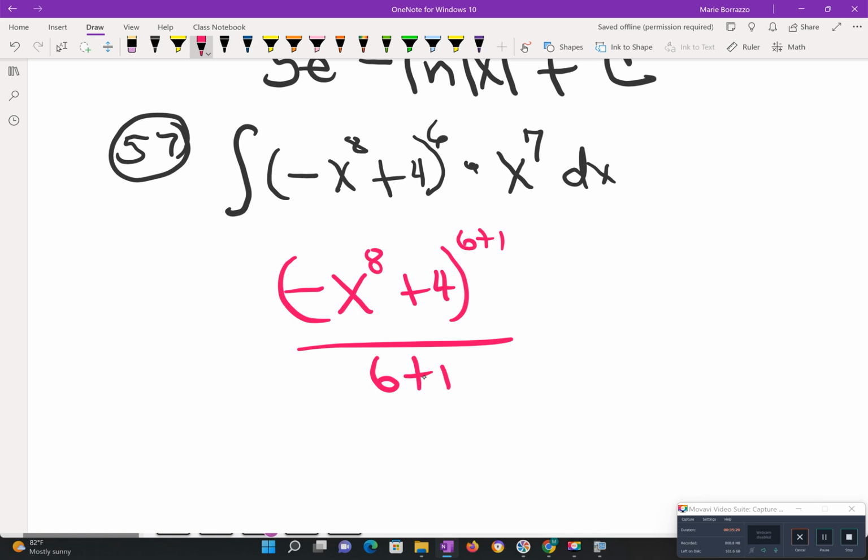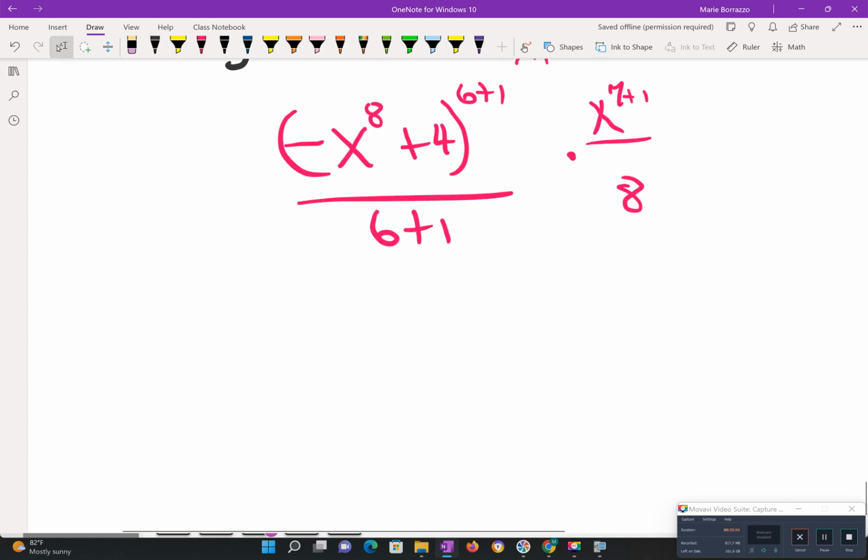And we're multiplying this. We use power rule here. So 7 plus 1 and divide by 7 plus 1. So you get x to the 7 plus 1 over 8.